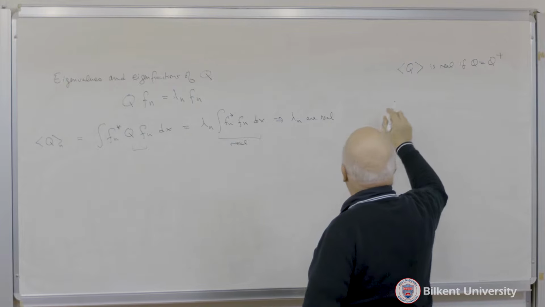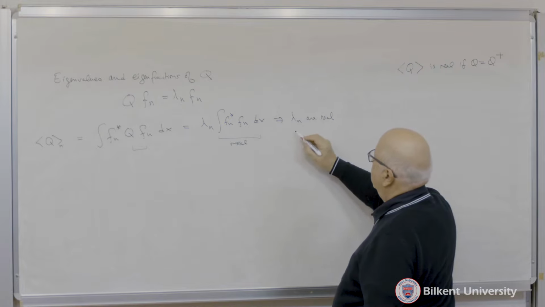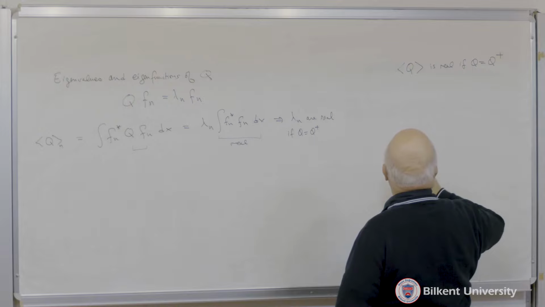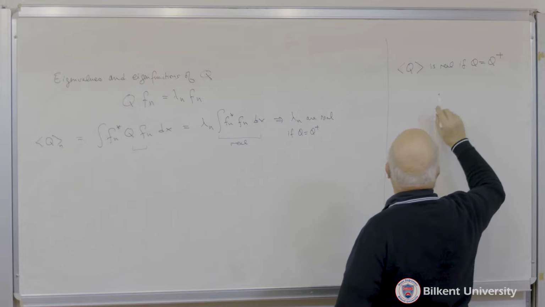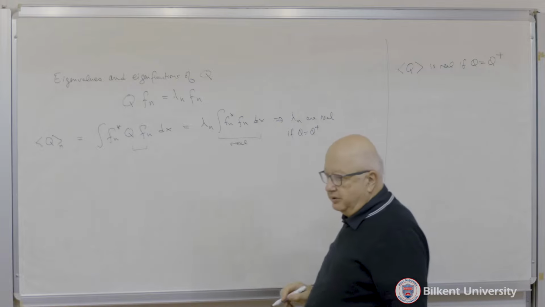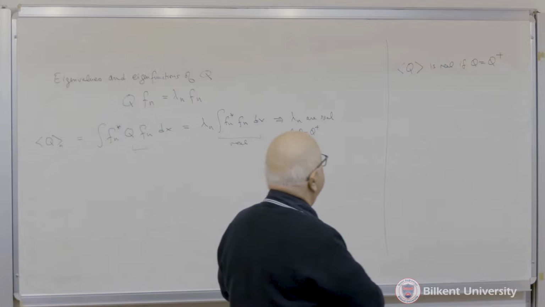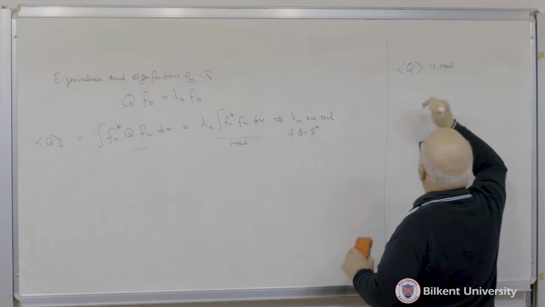So this says that, again, if Q equals Q dagger. I'm writing these properties, and I'll assume that anything I write on the right-hand side of the board is for Hermitian operators.